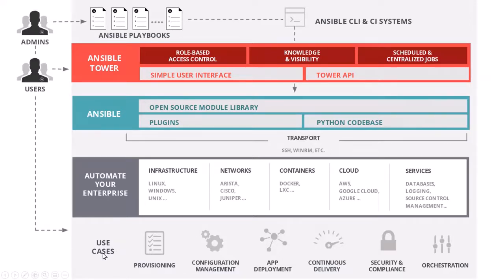Okay, use cases, the different abilities which a user can perform. Provisioning of a new VM or configuration management, some configurations you want to do using yum repository, using apt-get. It depends on the machine you want to run. App deployment, you can deploy a new application, a Tomcat application, a Java application. Continuous delivery, you want to deliver some war files, build files, you can deliver them to containers, Docker containers, LXC containers.